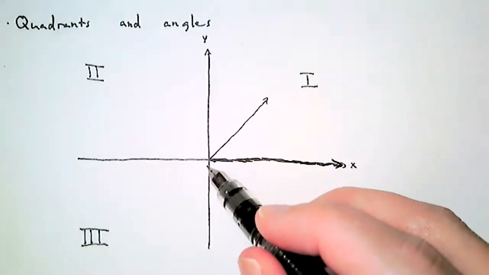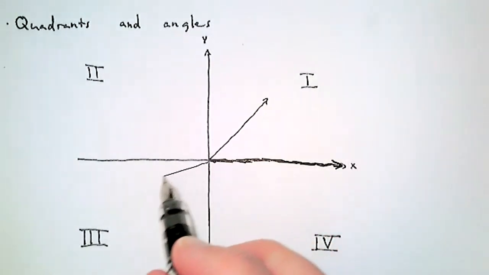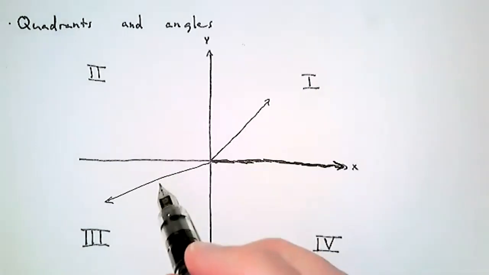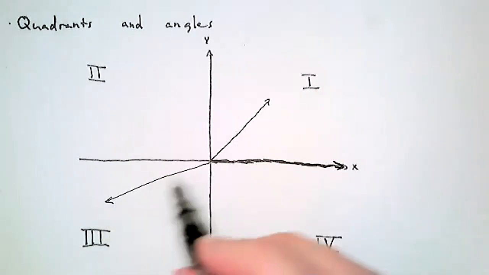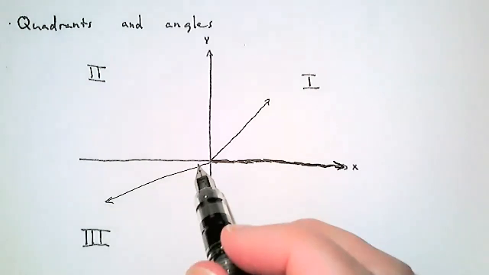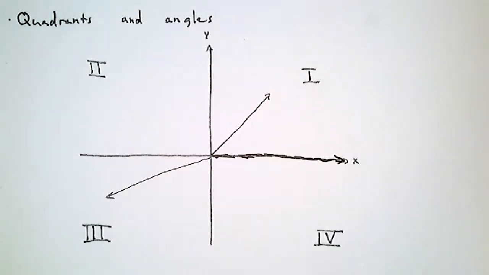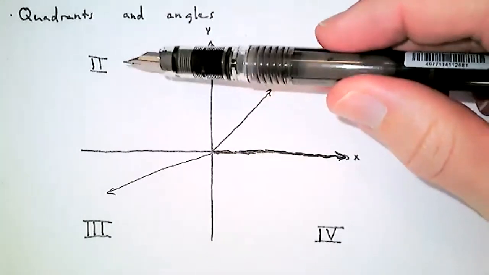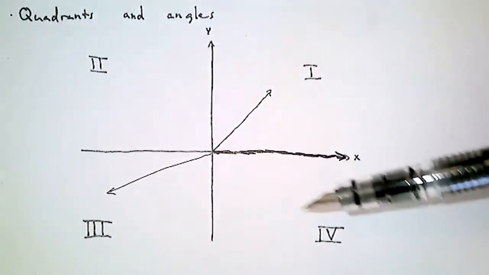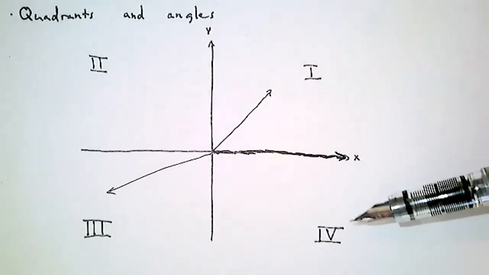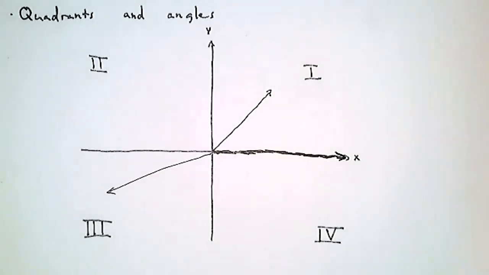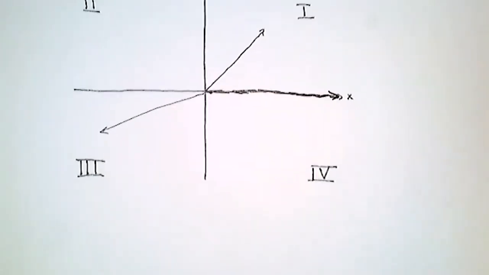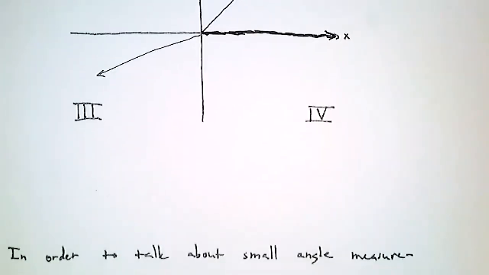If I have an angle, let's say over here, so remember this is my initial side, that's my terminal side, so that would put it in quadrant 3. And that's just the general idea. If you have a terminal side up here, it's quadrant 2. Terminal side down here, it would be quadrant 4. So just something to keep in mind, since you might see those words on your homework.